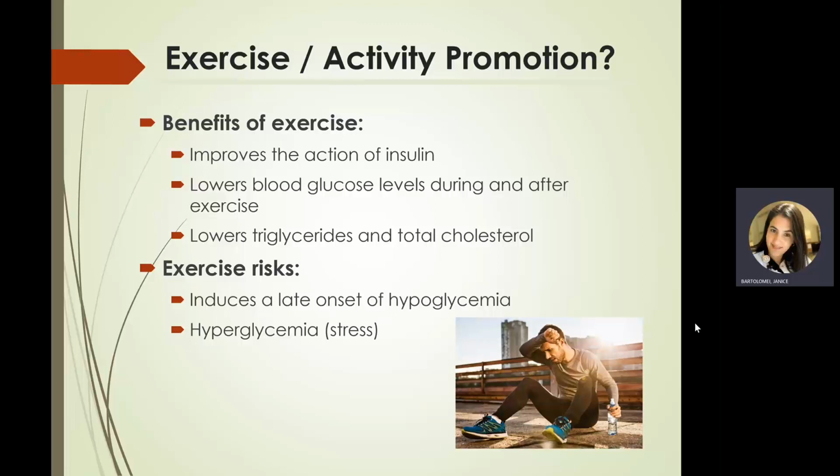It can also cause a little bit of hyperglycemia due to the stress exercise puts on the body, like if you're exercising strenuously, such as lifting. But yes, the recommendation is 30 minutes, 5 days a week.